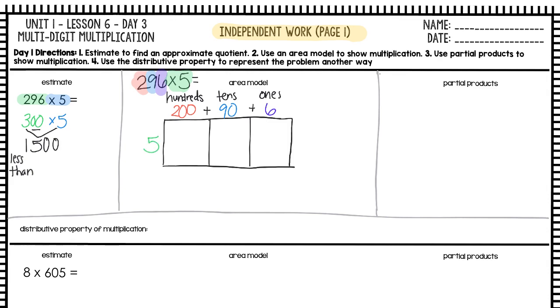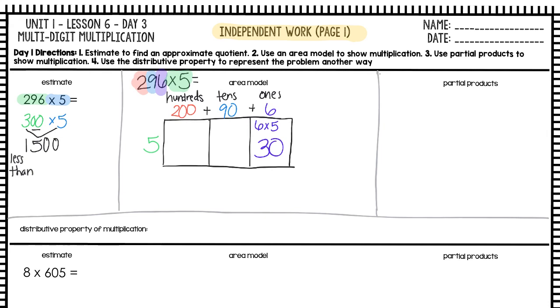So I'm going to start in my ones place because that's the easiest place for me. And I'm going to say, okay, in the ones place, I have 6 times 5. I'm really good at multiplying by 5s. 5, 10, 15, 20, 25, 30. 6 times 5 is 30. Then I'm going to move to my tens place.